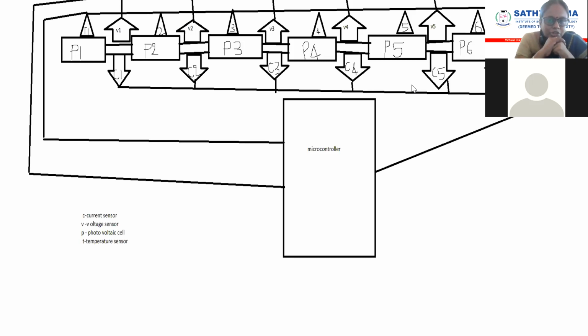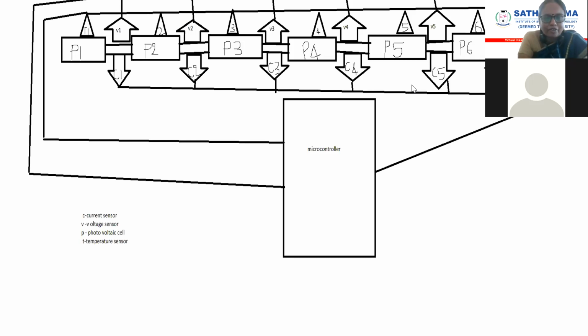Based upon that, we can easily monitor which panels are giving lower output, so the damaged panel can be removed at lower cost.